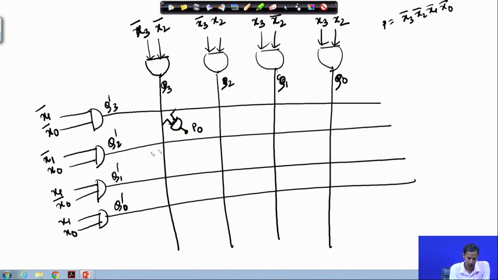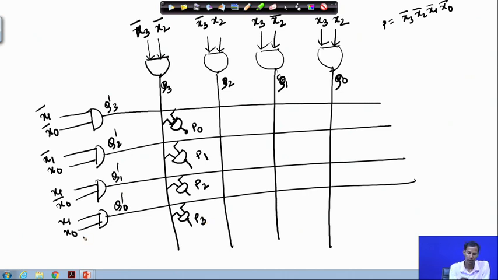Okay. For this, if I just connect to this, then this is P1. Okay. Then again, this is P2. This is P3.